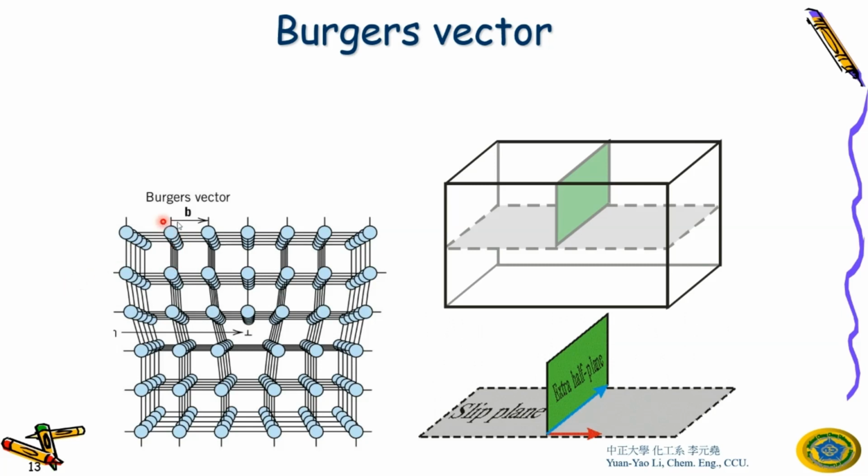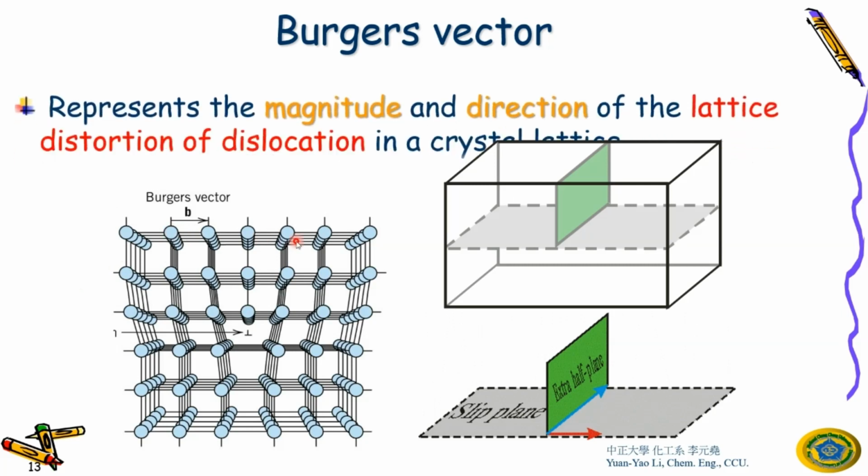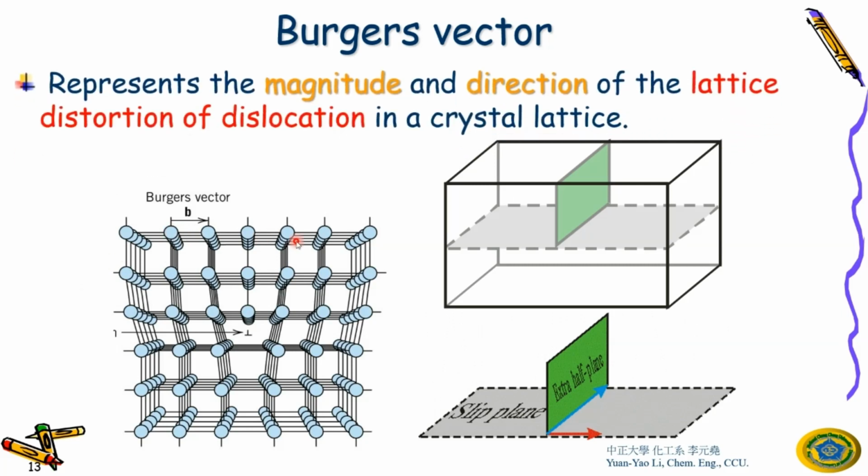So the Burgers vector represents the magnitude and the direction of the lattice distortion of the dislocation in the crystal lattice.